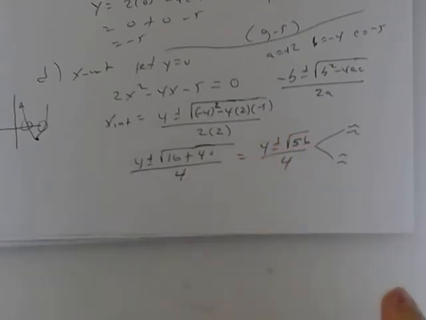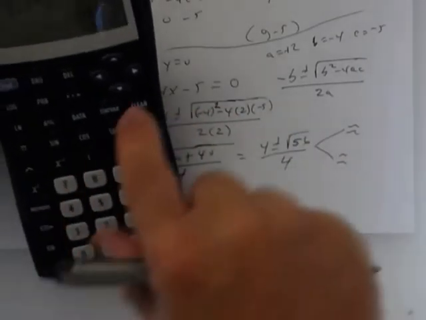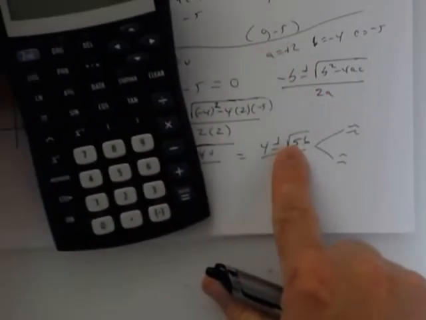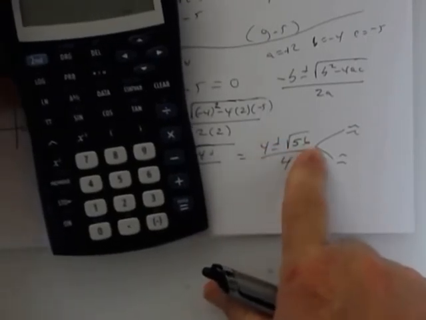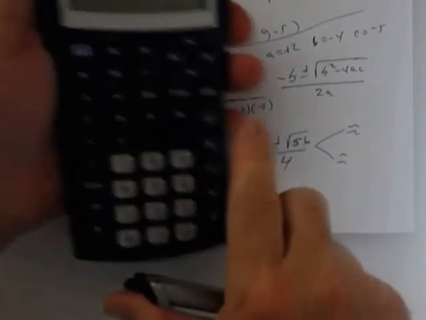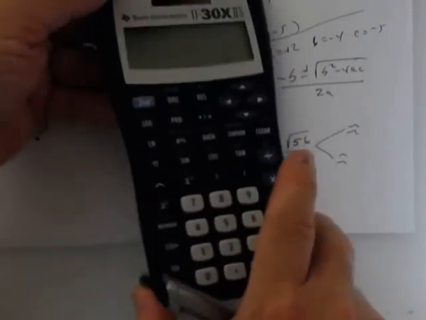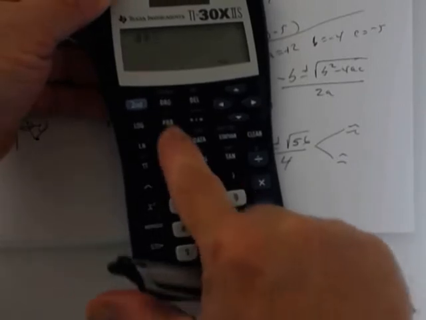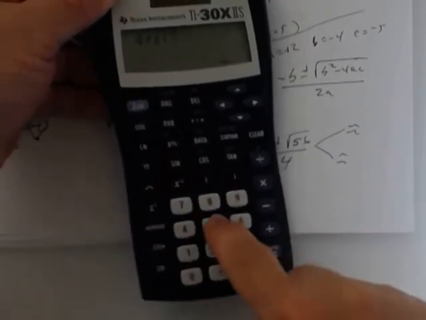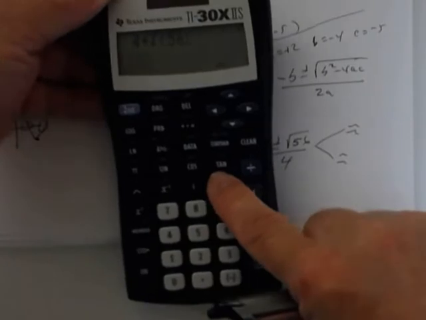Now here's how you use your calculator. You have to listen carefully. Let's do the numerator first. The numerator says 4 plus the square root of 56, right? You're going to say 4 plus square root 56, close the parentheses.